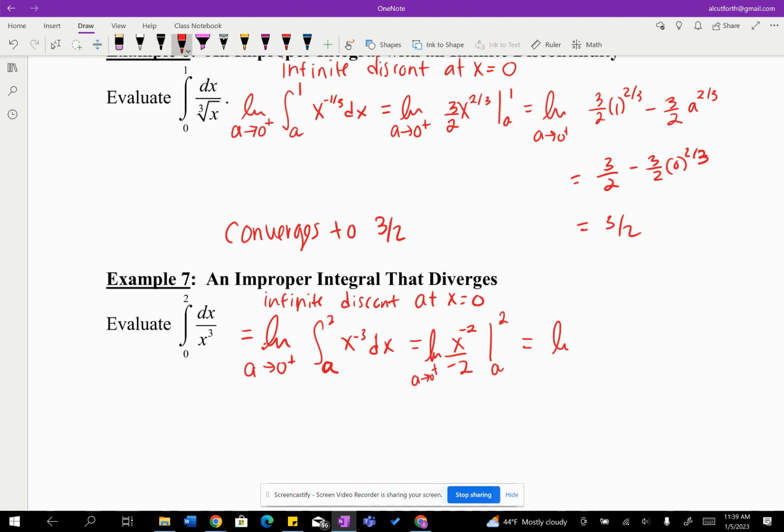Plug in 2, and we'll have -1 over 2 times 2 squared. Subtract. Plug in a.